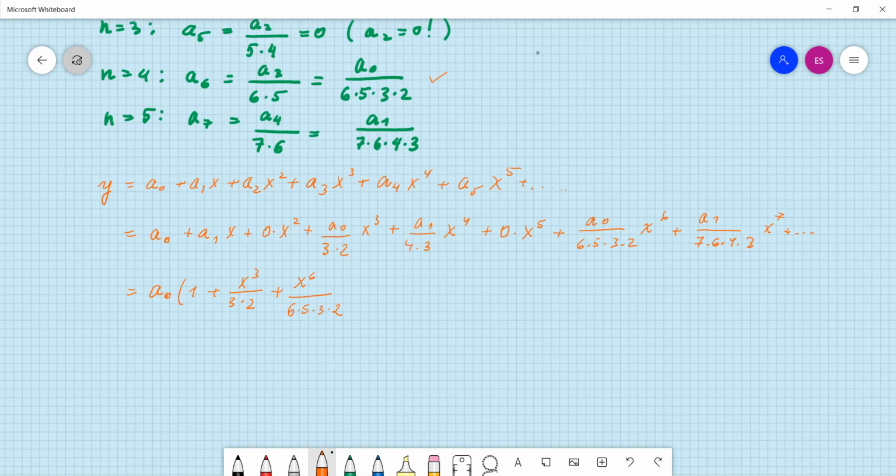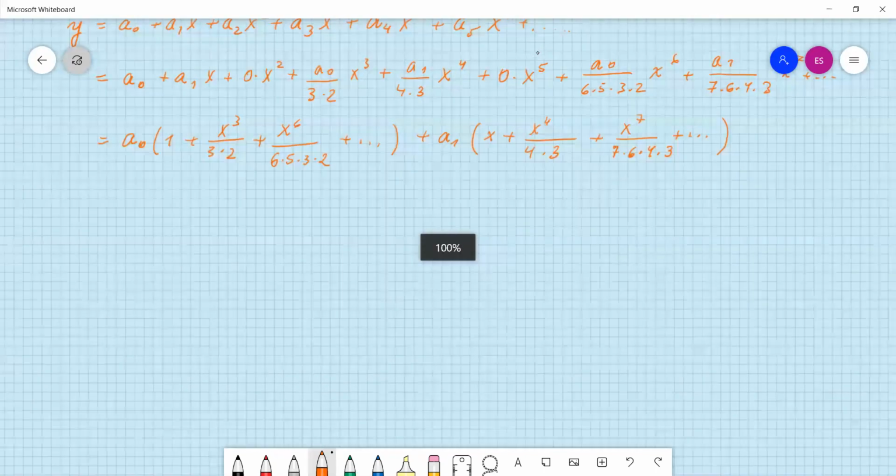And I don't have any more A0s here, but of course there are more of them where we have these 3 dots. Plus A1, and we have x plus, this one is missing. This one is A0. This one is x to the power of 4 over 4, 3, plus A1 x to the power of 7 over 7, 6, 4, and 3. My 7 doesn't look very nice, actually. And of course, some other terms.